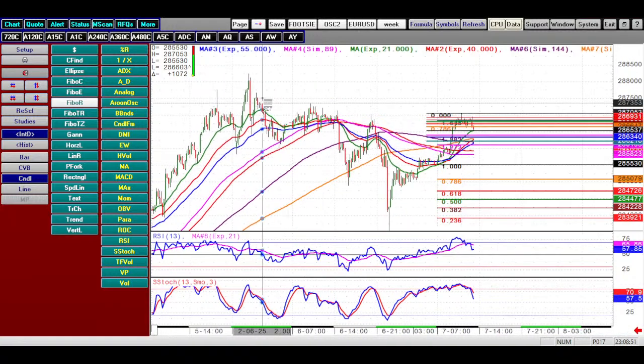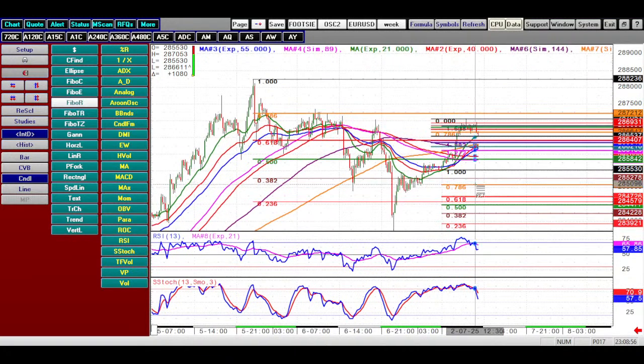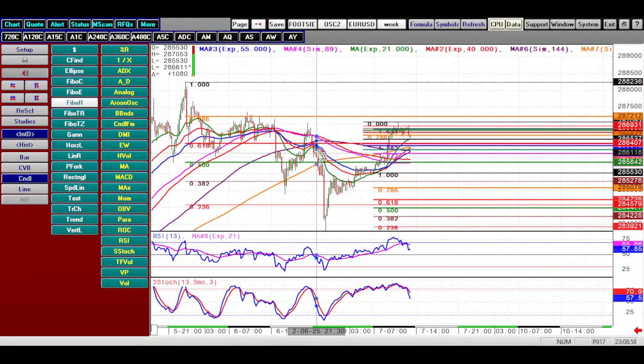Since this is a range play, we must always know our plan. We can buy at 61 and exit before your current high, which is 70. That will be one play. Another one is, we will try to buy at 56.